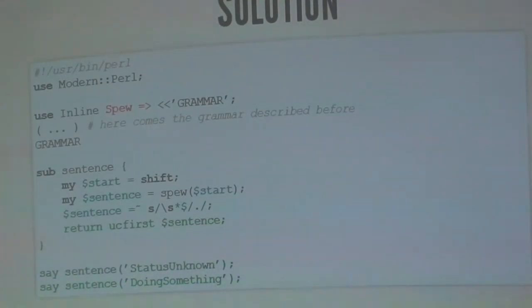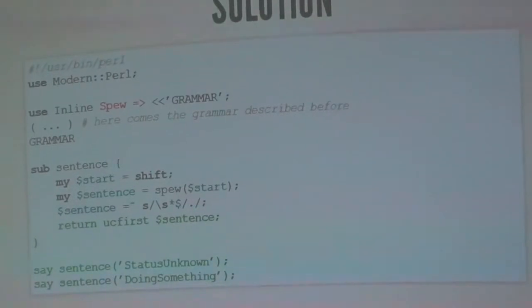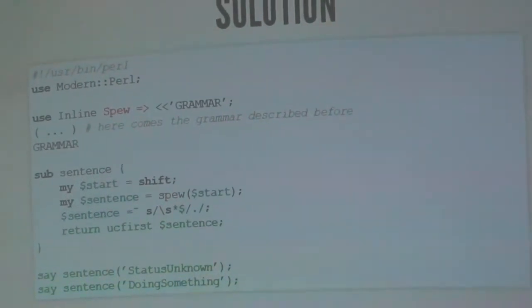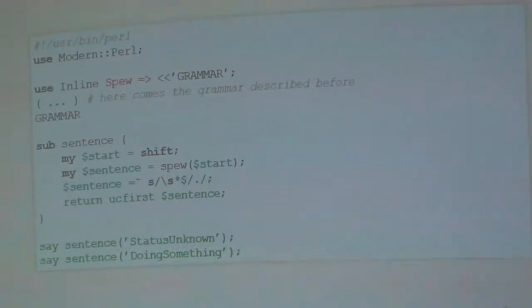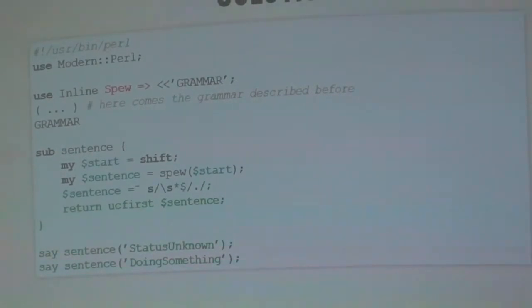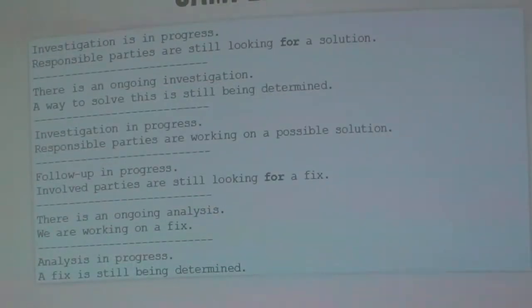I've omitted the grammar. I've defined a sub called sentence, which glues those sentences together. I'm creating those two sentences. First one stating that the status is yet unknown, and the second one stating that somebody is doing something to improve it. What's the sample output?